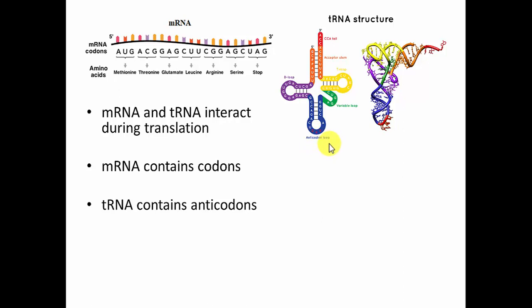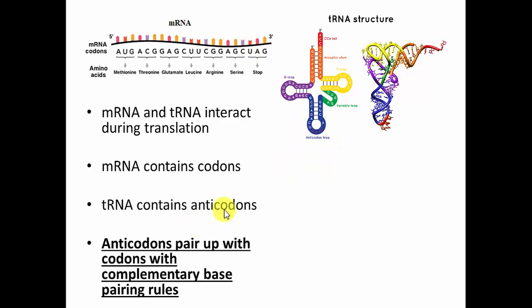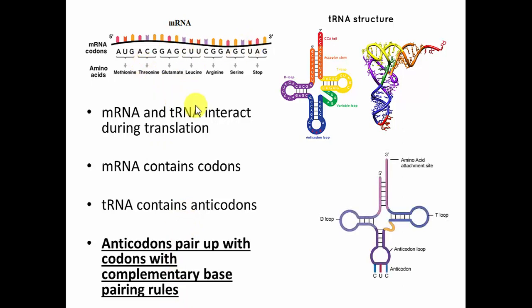One of the most amazing things about transfer RNA is that the anticodon loop will correlate with the codon of the messenger RNA. The anticodon region of a transfer RNA is going to base pair with the codon region of the messenger RNA. So messenger RNA and transfer RNA are going to interact with each other based upon the specificity between the base pairs of the codon and the anticodon region.